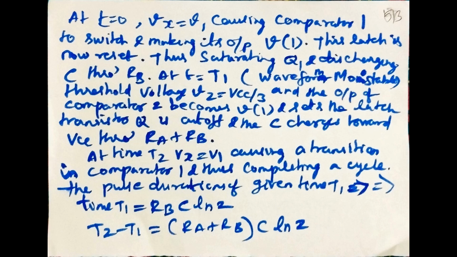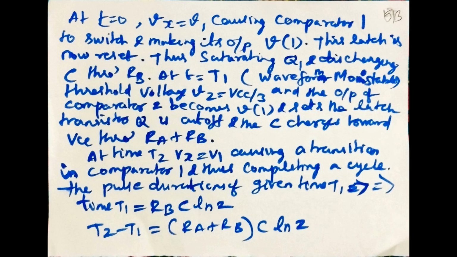Transistor Q1 is cut off and C charges towards VCC through RA plus RB, until Vx equal to V1 at time T2, causing comparator 1 to switch and thus completing a cycle.